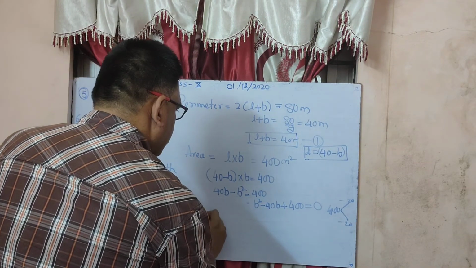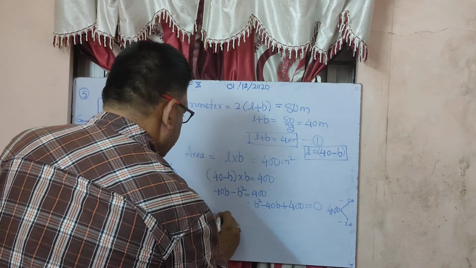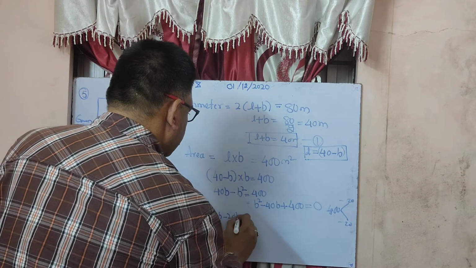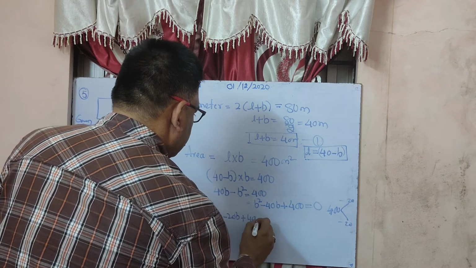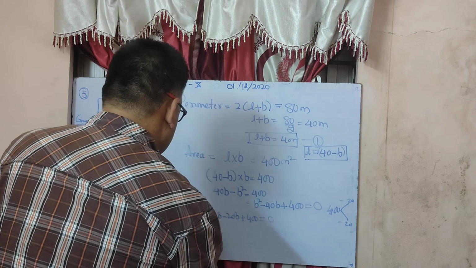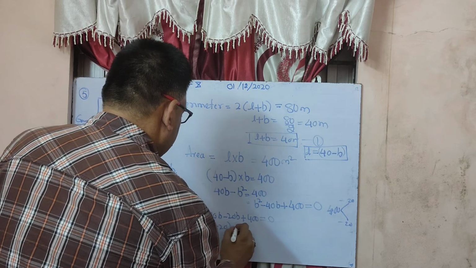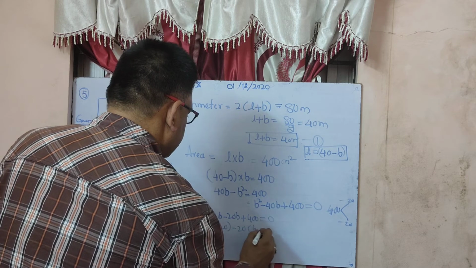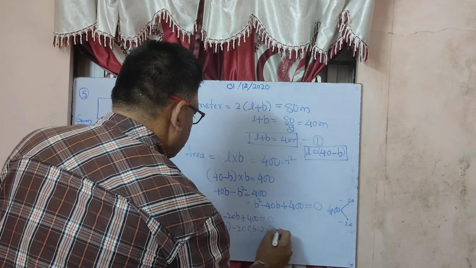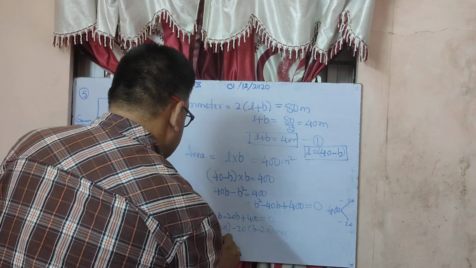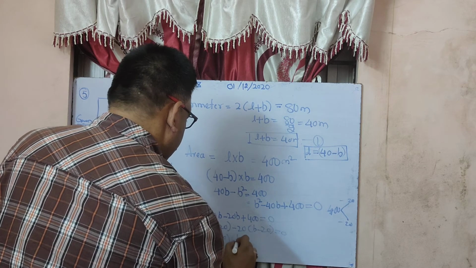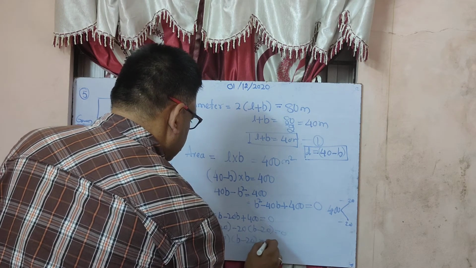So b square minus 20b minus 20b plus 400 is equal to 0. b into (b minus 20) minus 20 into (b minus 20) is equal to 0, so (b minus 20)(b minus 20) is equal to 0.